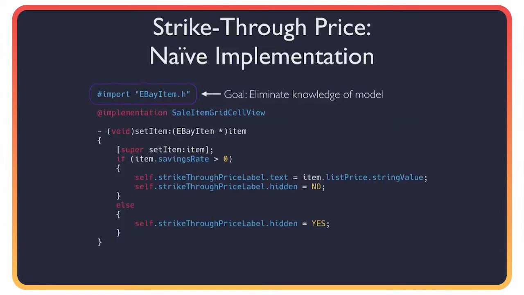On the other hand, this gave me a clue with Objective-C. If you still have Objective-C view controllers, you can check this in your sources to say, does it import the model? This is our goal, to eliminate that import. As soon as you can eliminate it, you know that the view controller has no knowledge of the model, okay?